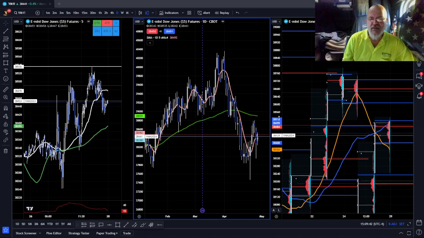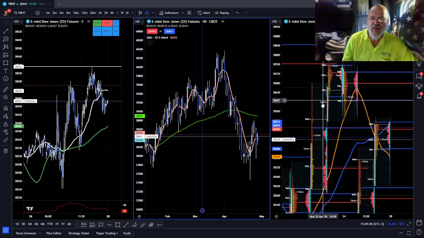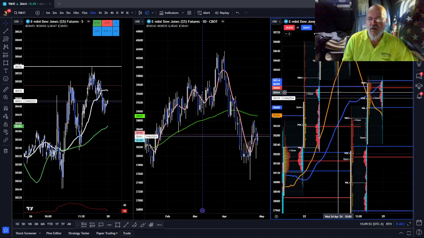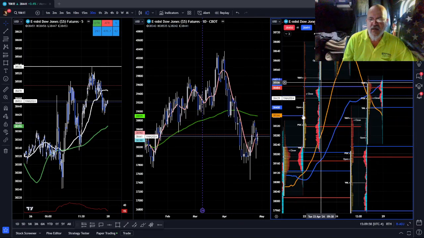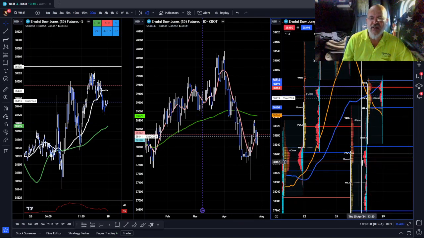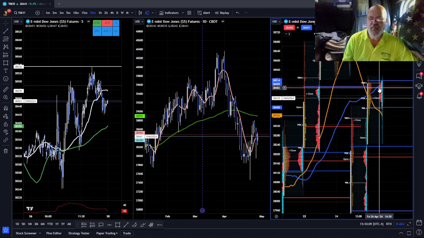I can expand this a little bit till we get to the point where I see the TPO value areas, point of controls, the open and closing price, which is a good thing to see. Probably during trading, I'll have my chart open to about this size so I can see a couple of previous volume profiles as well, and the current day, and go from there.